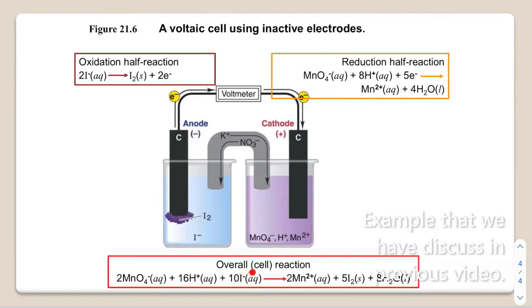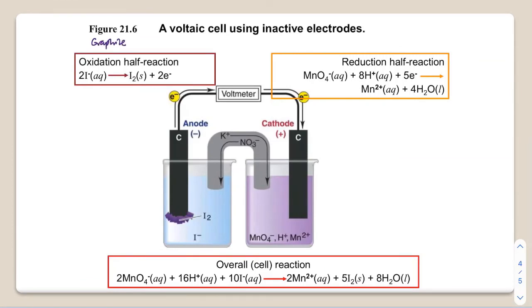So the overall equation of this reaction is 2MnO4 minus plus 16H plus plus 10 iodide produce 2Mn2 plus plus 5I2 plus 8H2O. Since this Voltaic cell is using inactive electrodes, we'll have the graphite in the notation.